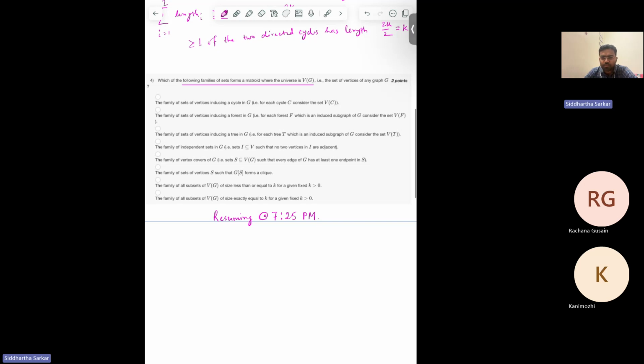So what are the properties of a matroid? We have to first understand that. So one of the properties of the matroid is called the hereditary property.